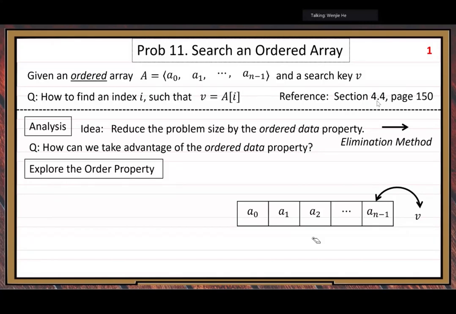So here, as in the general data processing setup before, we can assume all the elements are distinct, right?